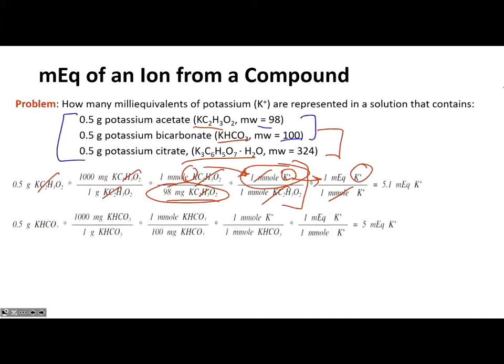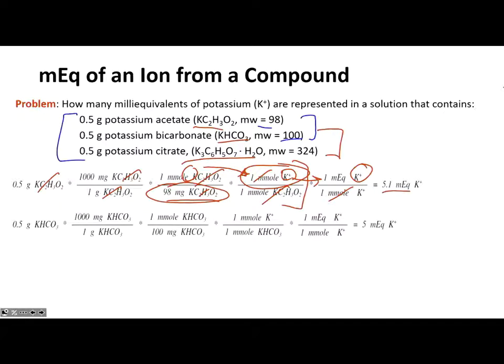So let's start with our potassium bicarbonate. It's got the same 0.5 grams to begin with, convert it to milligrams, convert milligrams to millimoles by dividing by its molecular weight, which is 100, which is very close to the 98. Would you agree? And since it also still has 1 potassium for every 1 potassium bicarbonate, it's 1 to 1, and it's still got the same valence. You'll see we almost get the same number.